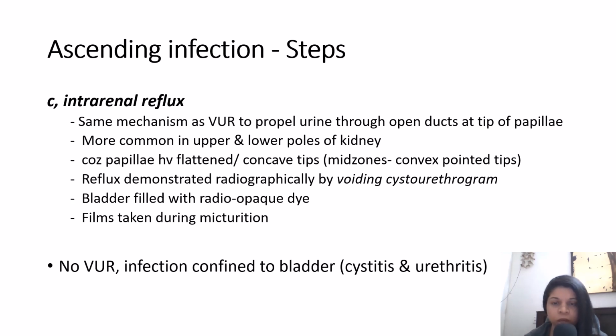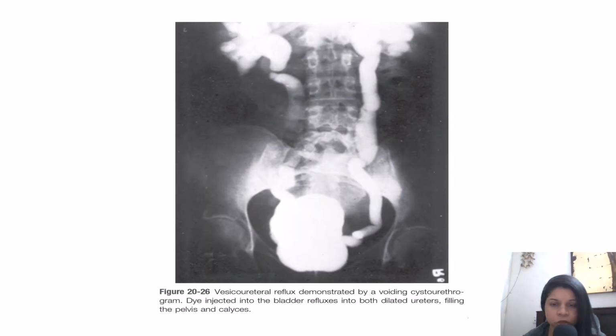If you see here, a radio-opaque dye was injected into the bladder, and then you ask the patient to micturate, and you can see if the valve is defective, the urine is backflowing through the ureter into the kidney. In the kidney also you can see here the upper pole and the lower pole are affected first. It is dilated, and later on the middle also will be affected.